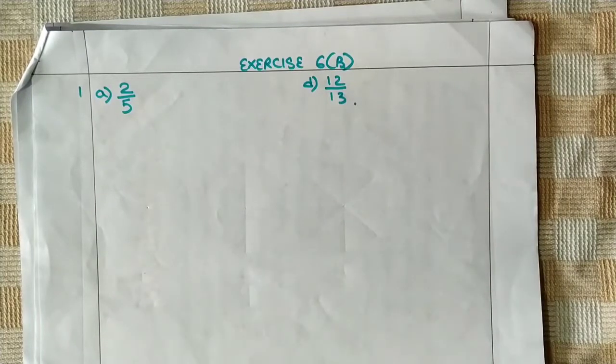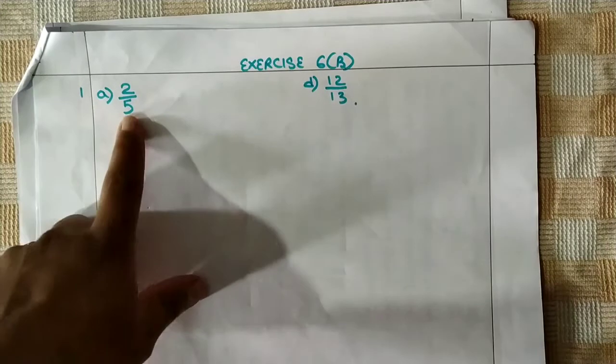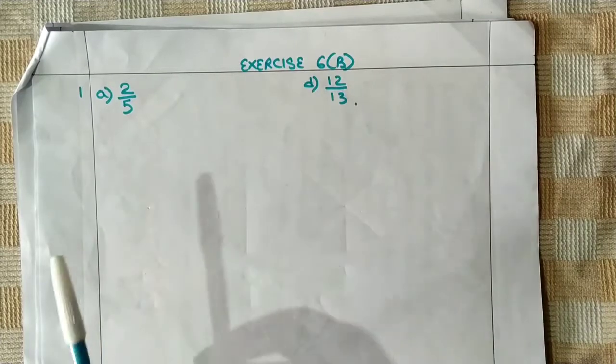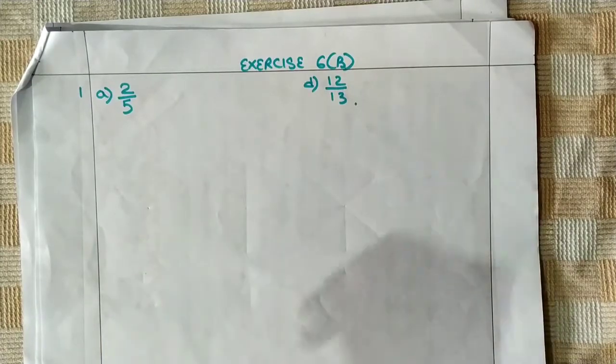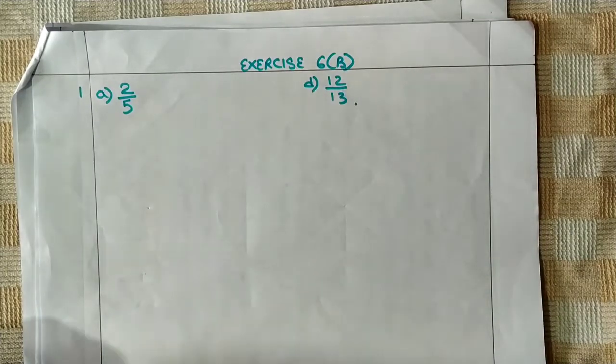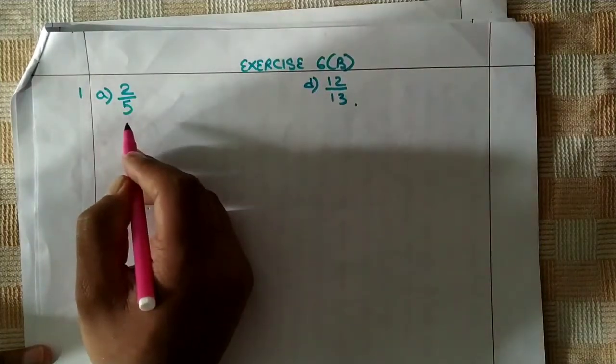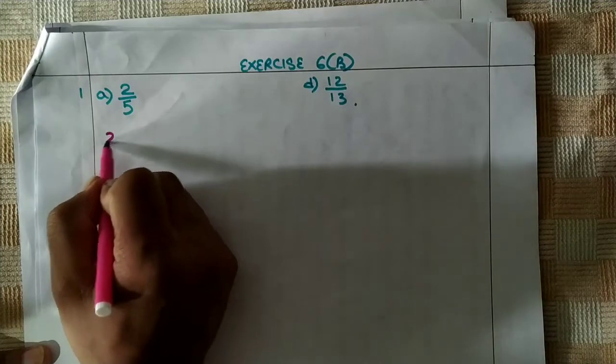Let's take another example from exercise 6b. Number 1 says: use multiplication to write 2 equivalent fractions of the fractions. So here we have to use multiplication and find 2 equivalent fractions. Let's say the fraction is 2 by 5.